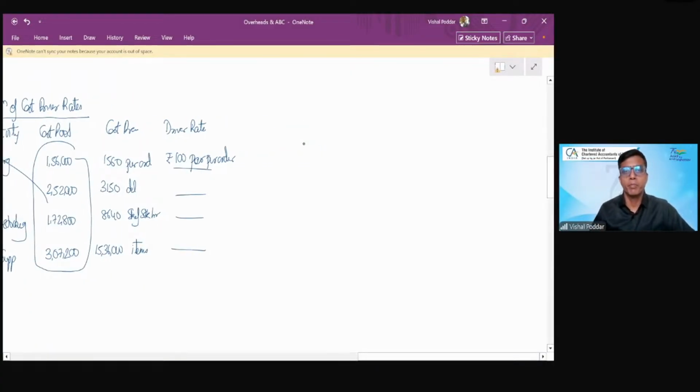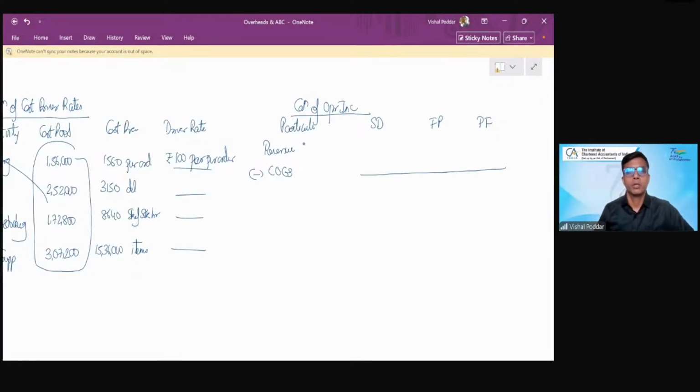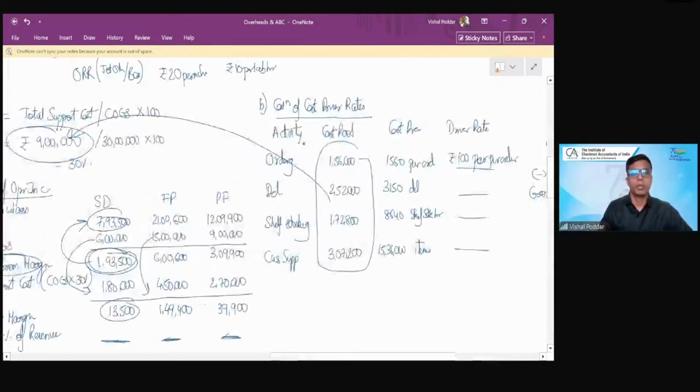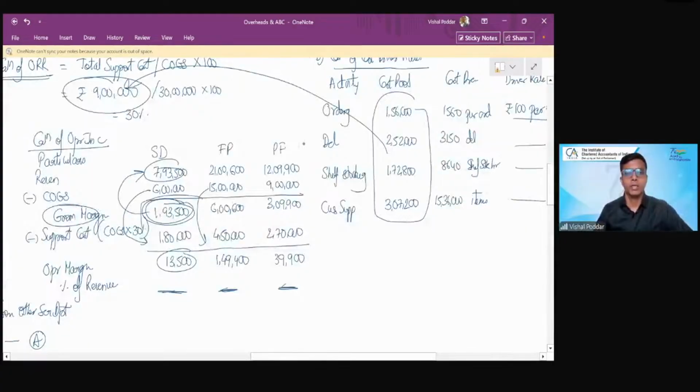Now again, going back to the main part, calculation of operating income. First is soft drinks, then fresh produce, and then packaged foods. Again, the same revenue minus COGS. This is my gross margin. Now see, this remains same under both. So whatever gross margin you are getting here, this part will be same.